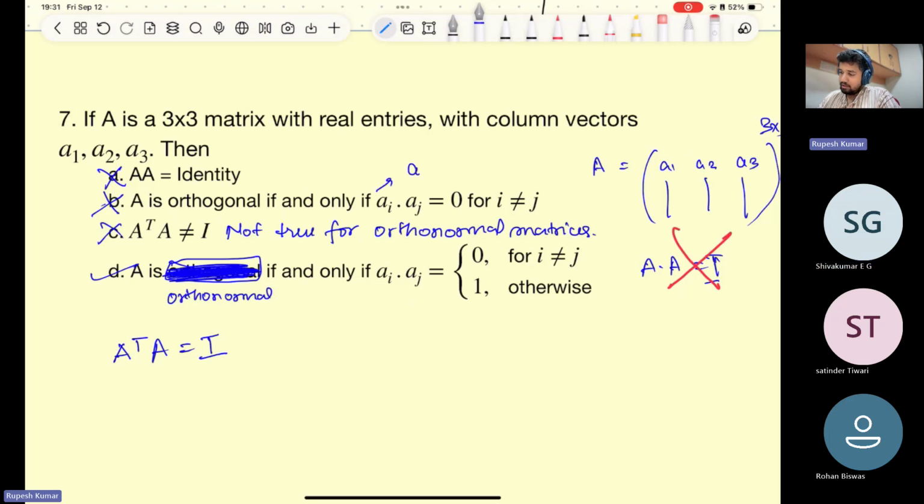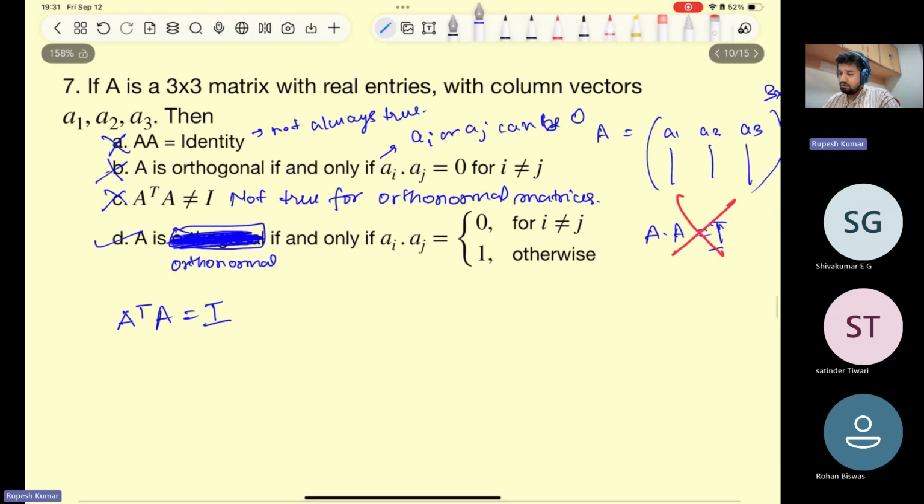Here I can say Ai or Aj can be zero, right? And yes, this is not always true. Sir, can you just explain why you wrote not true for orthonormal matrices besides C?